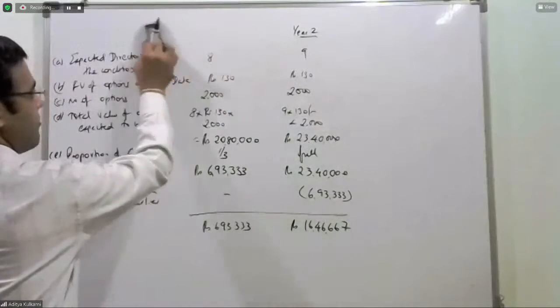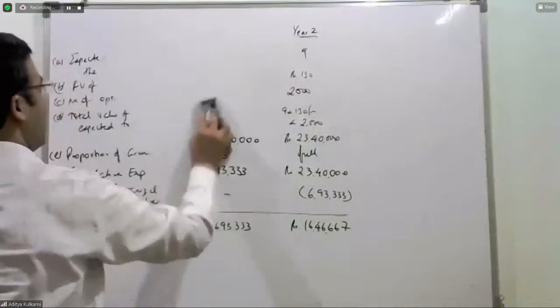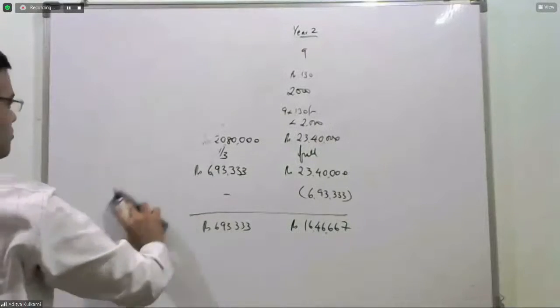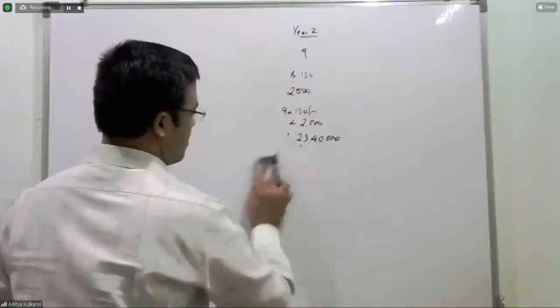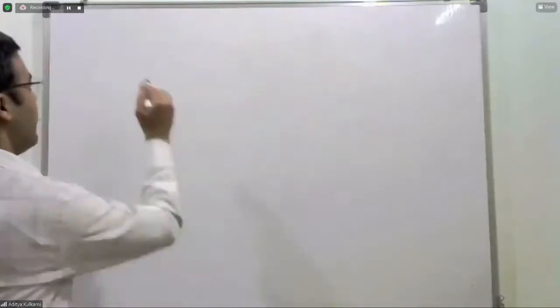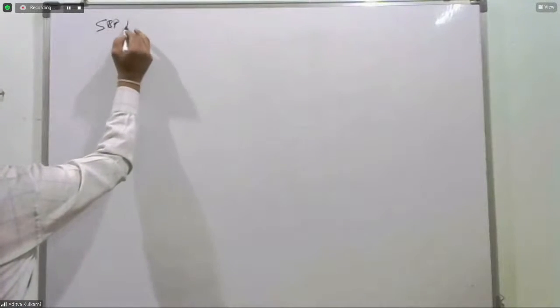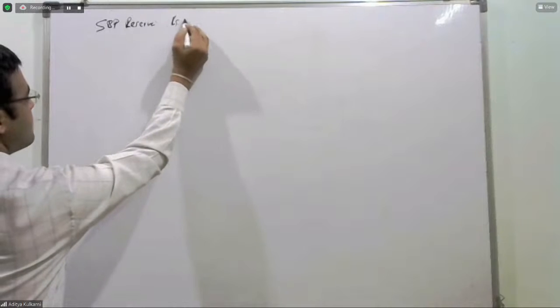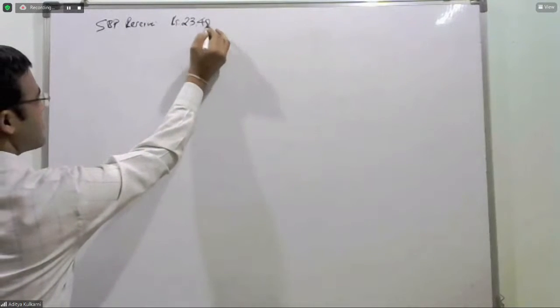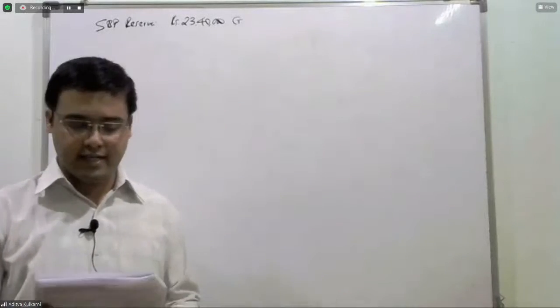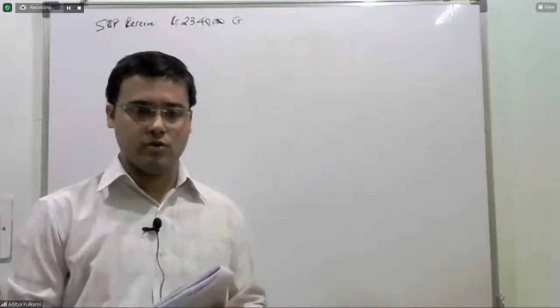So I hope you have taken a note of this. At the end of year two, you will be having SBP reserve with a balance of rupees 23 lakh 40,000 standing to its credit.